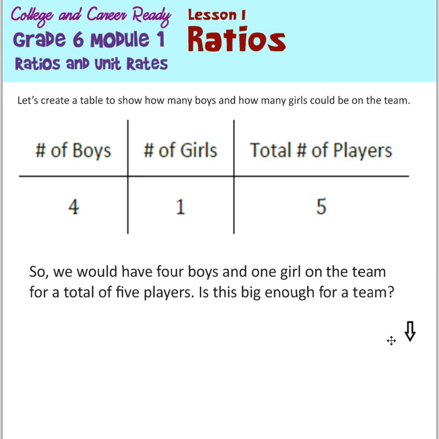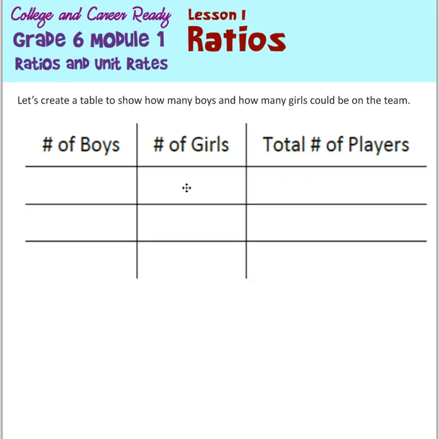So let's continue our chart. That's not big enough for a team. Let's continue. If we have 1 girl, that means we have 4 boys and 5 players. So let's count up what happens if we have 2 girls. We'll have 4 more boys, which will give us 8 boys, and that's 10 players. So let's count up. We add 1 more girl.